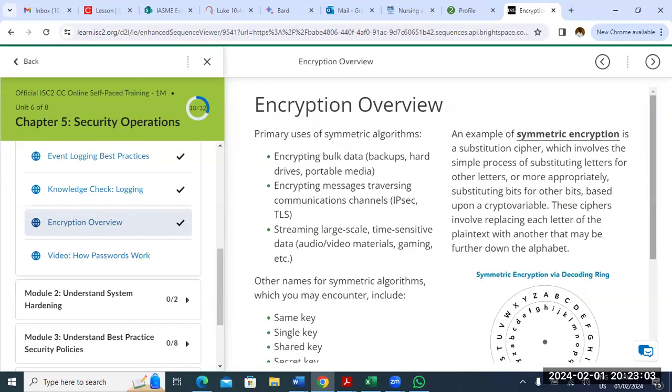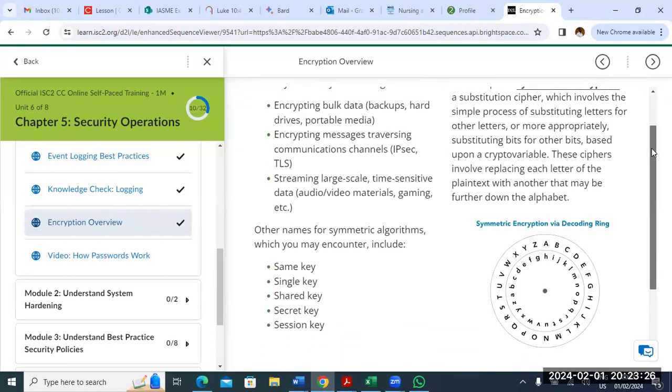The primary use of symmetric algorithms is encrypting bulk data, backups, hard drives, encrypting messages traversing communication channels, TLS, which is also a protocol, and streaming large-scale, time-sensitive data. So these are things that we can actually encrypt.